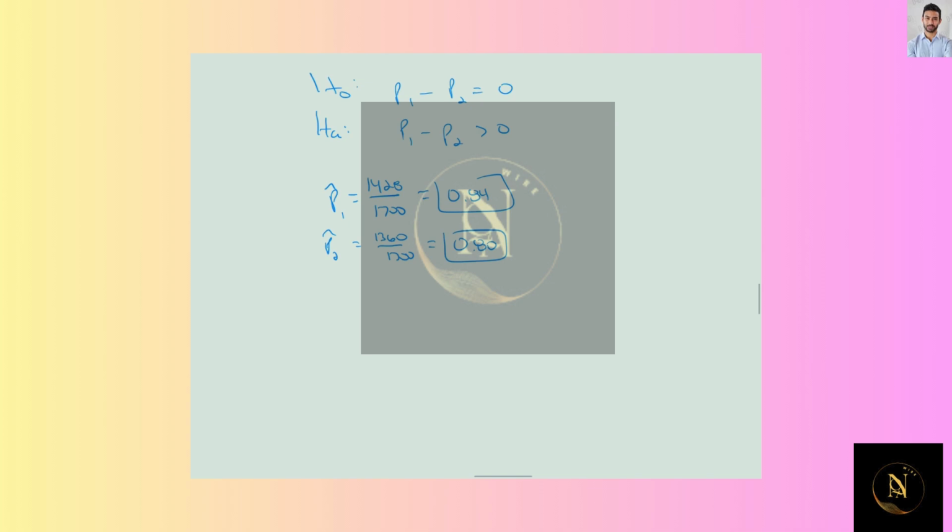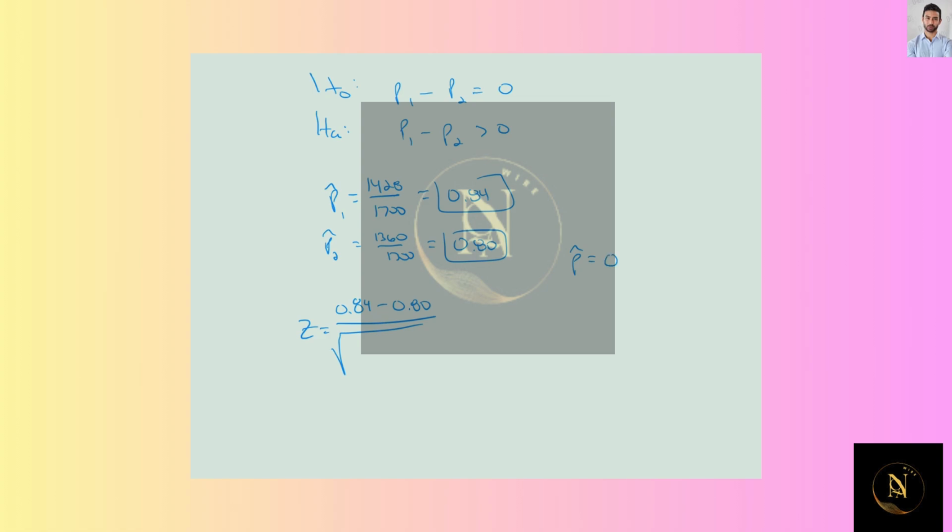Well, first we need a z-test statistic, and that's going to be 0.84 minus 0.80 divided by the square root of the pooled proportion, which is going to be the 1360 plus the 1428 out of the 1700 and 1700.